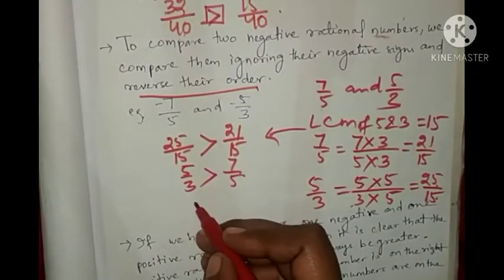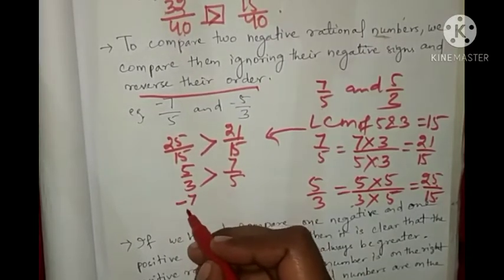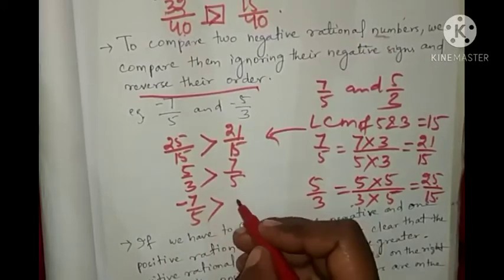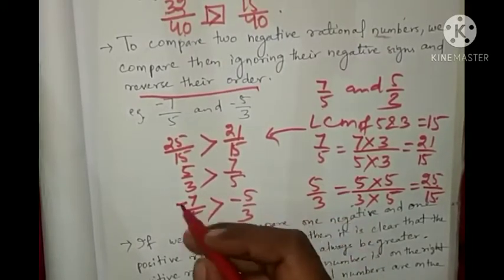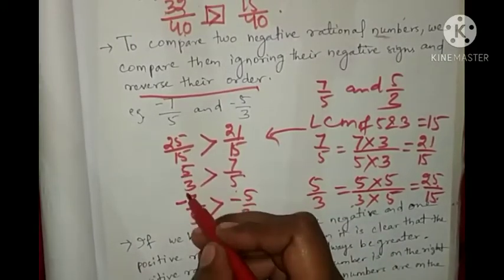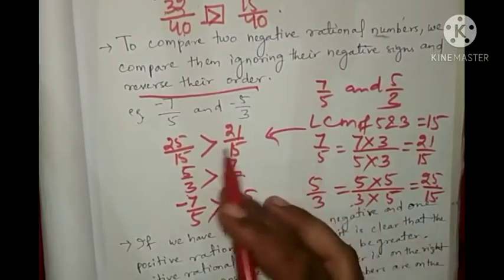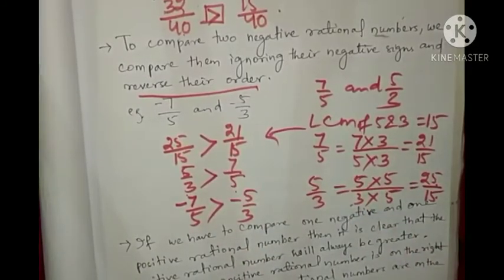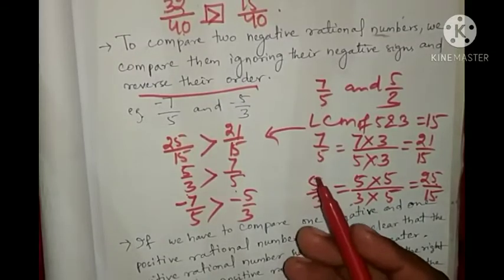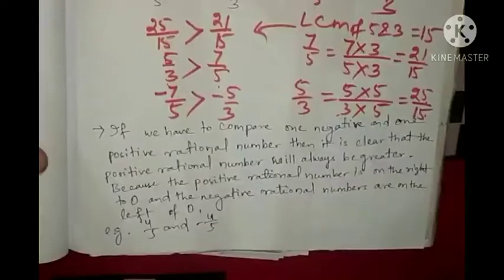So here, -7/5 is bigger than -5/3. If we put the negative sign, then minus 7 by 5 is bigger than minus 5 by 3. Like this you will find which is bigger and which is smaller in negative rational numbers.